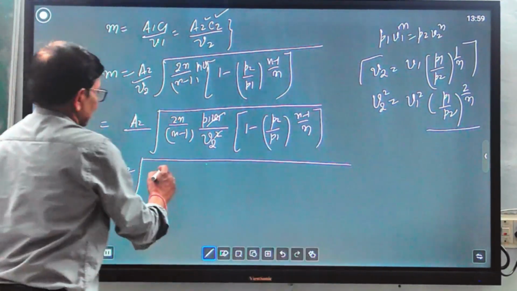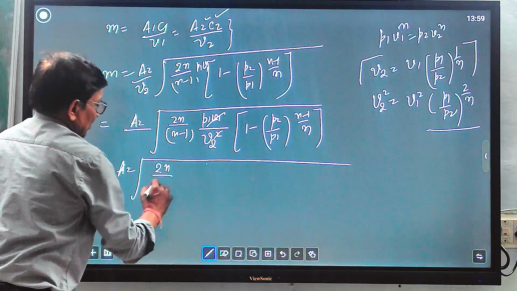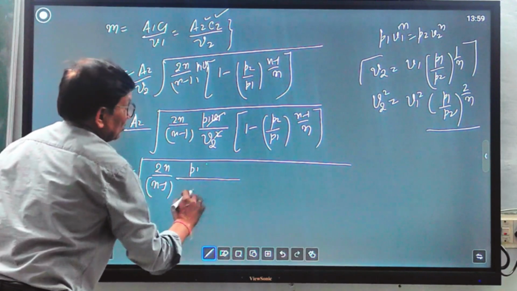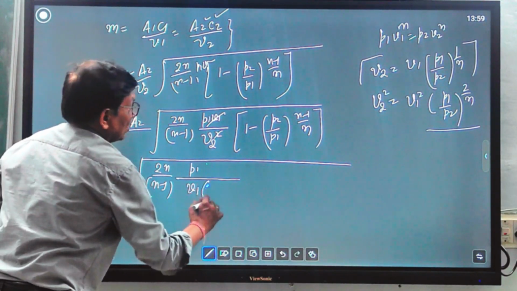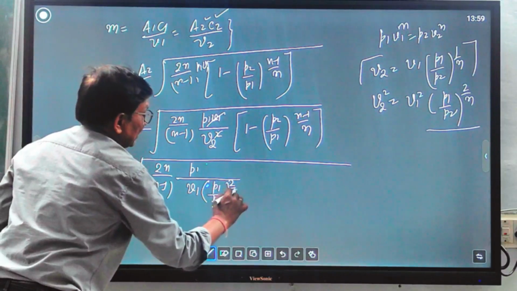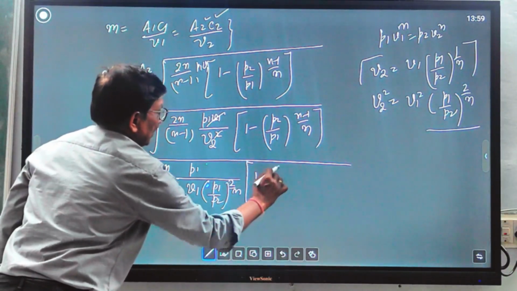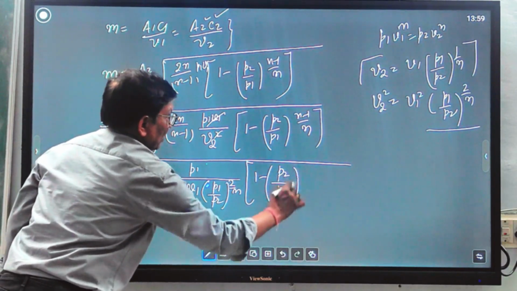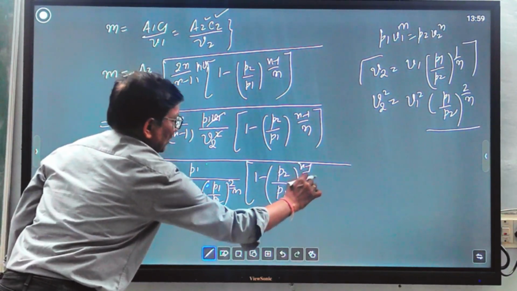value inside. So let us first put here 2n upon n minus 1 P1 upon V1 times (P1 upon P2) to the power 2 by n in bracket 1 minus (P2 upon P1) to the power n minus 1 upon n.